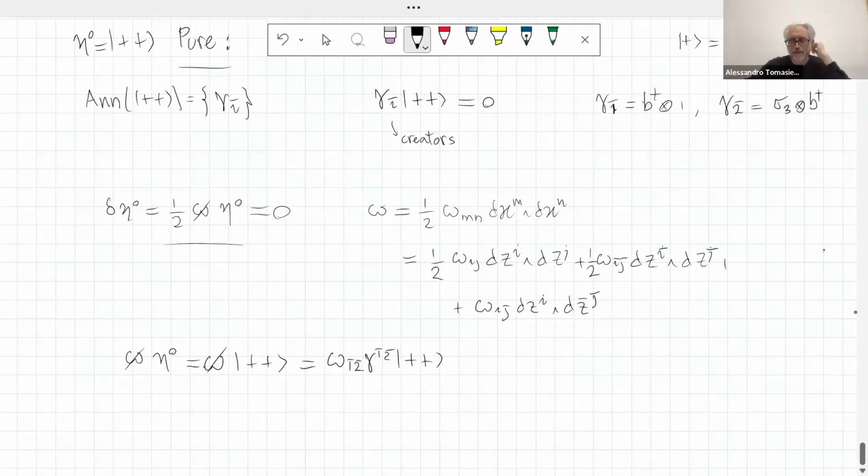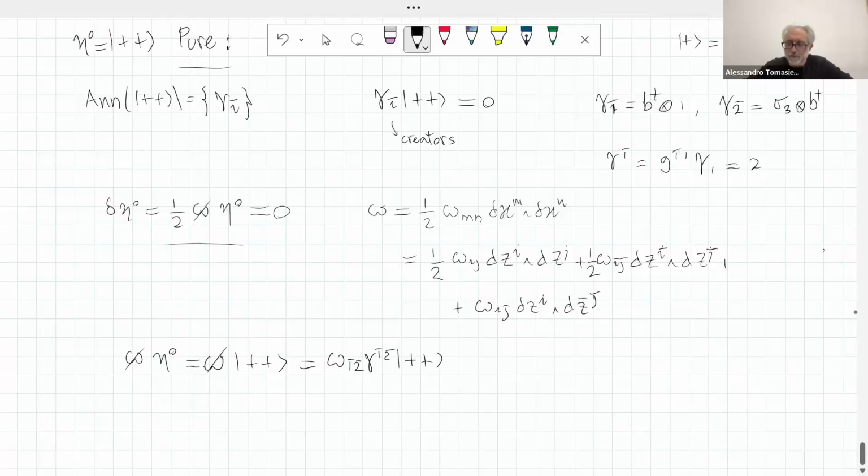This peculiarity of these complex indices is that the gamma 1 bar, for example, well, you raise the index with the metric, but it turns out that the non-zero component of the metric is G1 bar 1. If you look at how we wrote the metric in these coordinates last time.